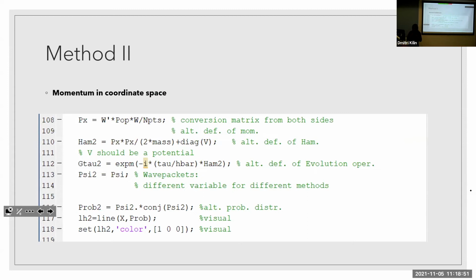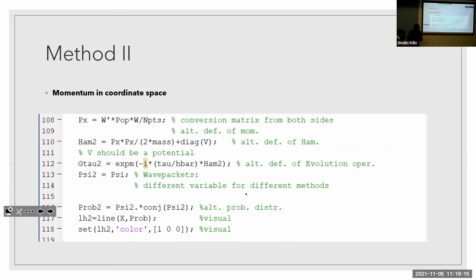Then in method 2, we use the Fourier transform because we want to convert our momentum back into coordinate space, and we name it px, which is also called an alternative definition of momentum.